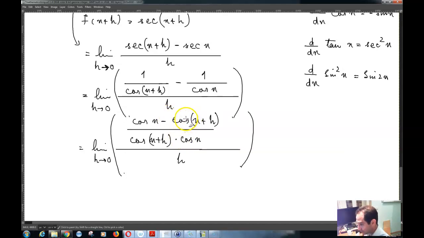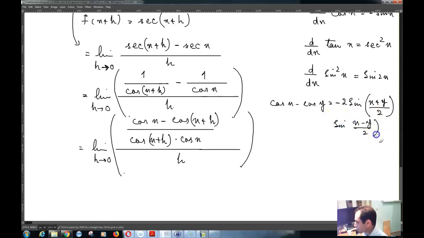And then cos x minus cos y is equal to negative 2 times sine of (x plus y) divided by 2 times sine of (x minus y) divided by 2.